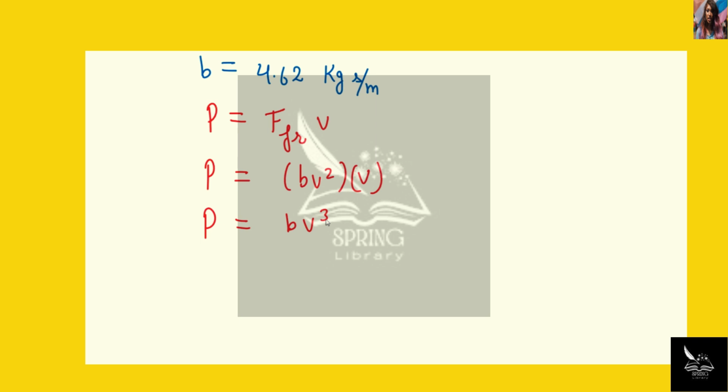Now here on substituting the value, we get P equals to 4.62 multiplied by 8.89 to the power 3. So we get P equals to 3245.99 watt.